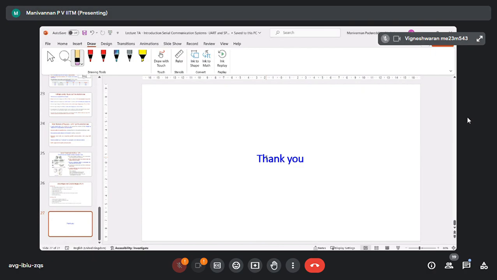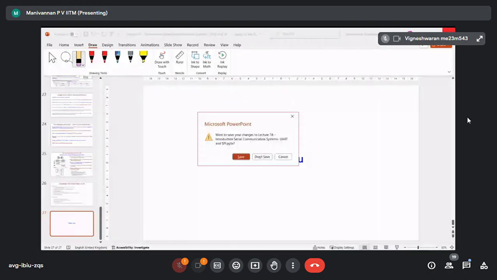In computers, before USB came, every system had only RS-232 or parallel, IEEE, GPIB only. All the computers up to the year 2000. USB came only 20-25 years ago. USB is also serial communication only, that is used in computers, but not in this one.